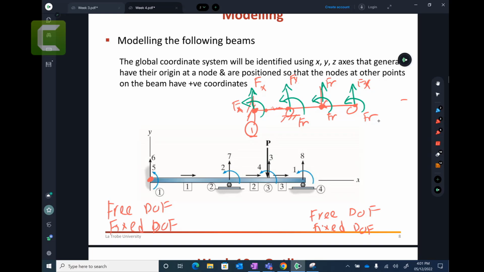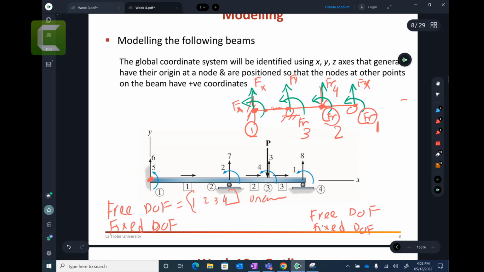So when you have free degrees of freedom, that is your starting point: 1, another free degree of freedom, let's say 2, let's say 3, let's say 4. So there are 4 free degrees of freedom, and these are your unknown degrees of freedom as well.